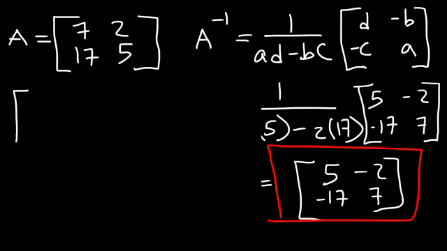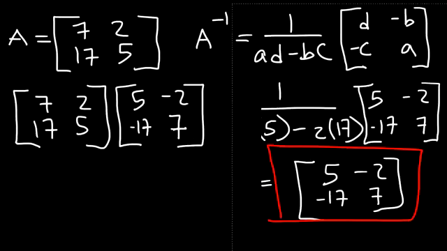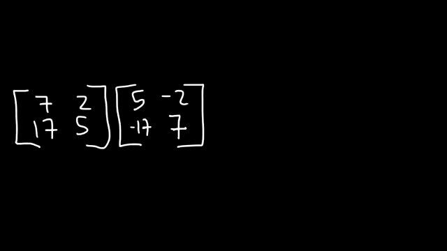So let's go ahead and multiply matrix A with the inverse of matrix A. And let's see what we get. So we need to multiply the elements in row 1 by the elements in column 1 and add their products.